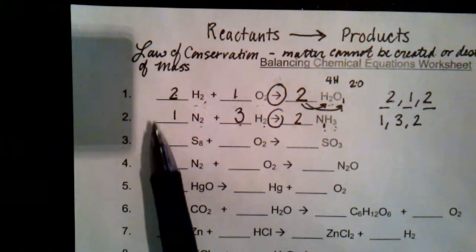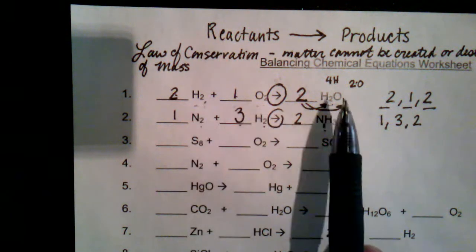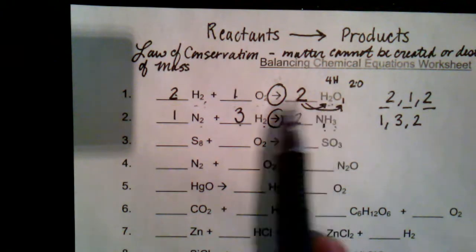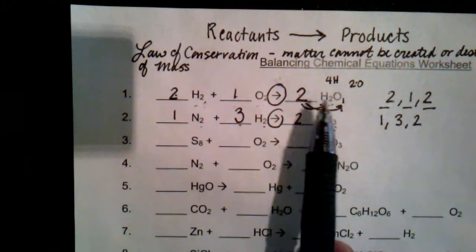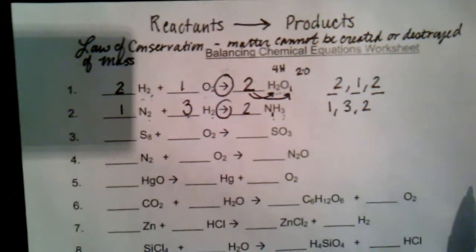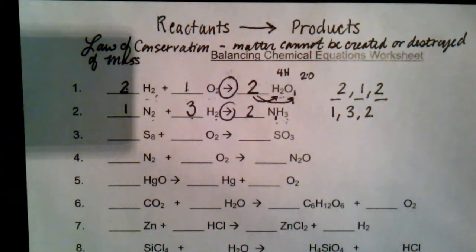So if you have 4 hydrogens here, you had to end up with 4 hydrogens over here. You can't change the number of atoms that you have because that wouldn't support the law of conservation of mass, which is just matter cannot be created or destroyed. It has to be moved around or rearranged or bonded with something else.